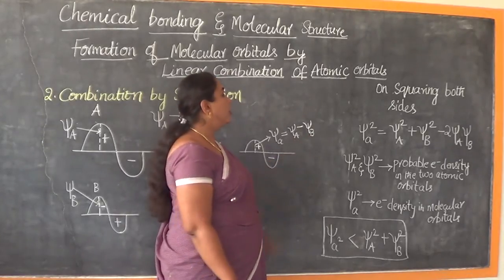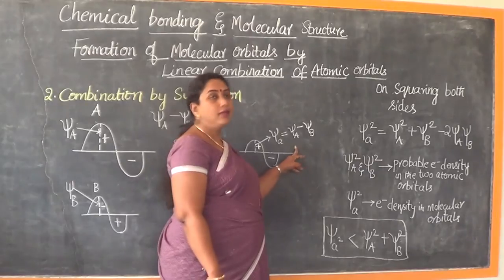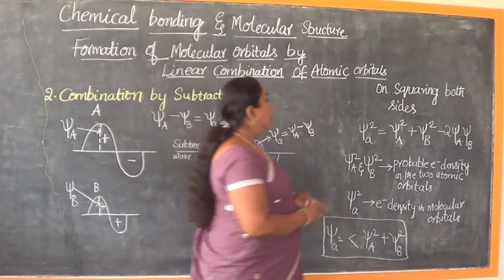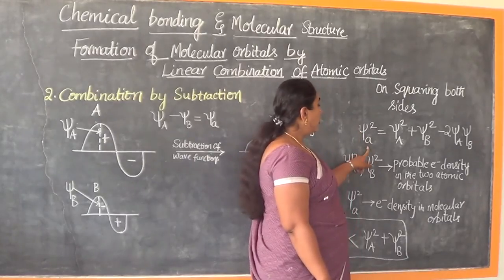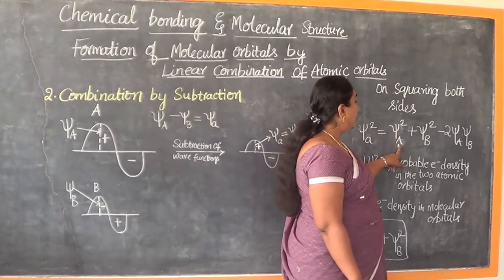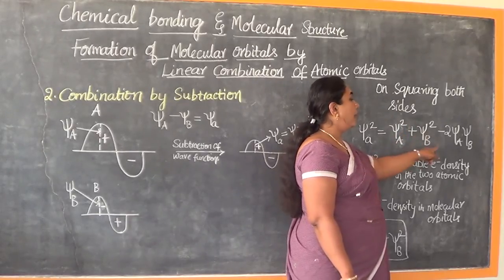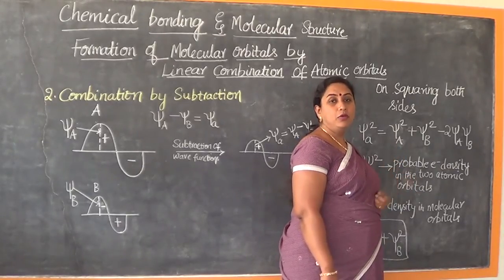belonging to two different atomic orbitals. Now let us carry out some mathematical calculation for this equation and see what we get. On squaring this equation, what are we going to get? Psi small a square is equal to psi a square plus psi b square minus 2 psi a psi b. This equation is like a minus b whole square.